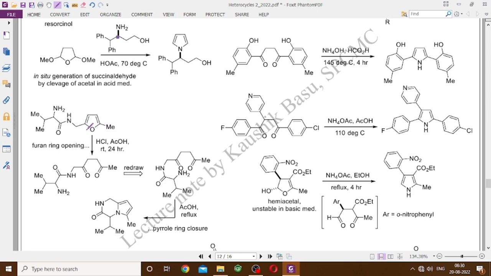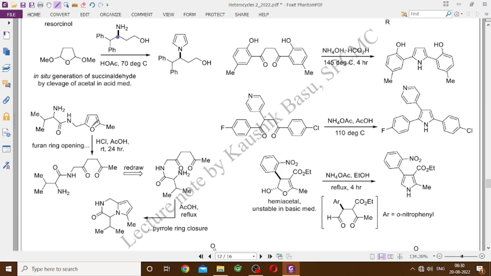And this nitrogen will now act as a nucleophile and close down the ring so that I get this elaborate structure. So the furan ring opens and the pyrrole ring closes.